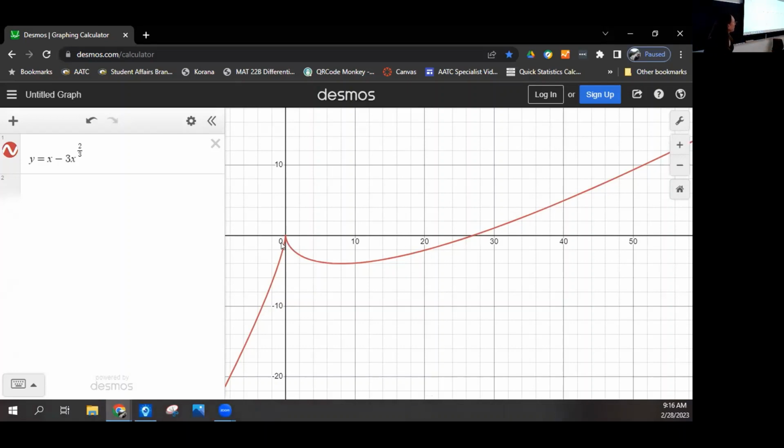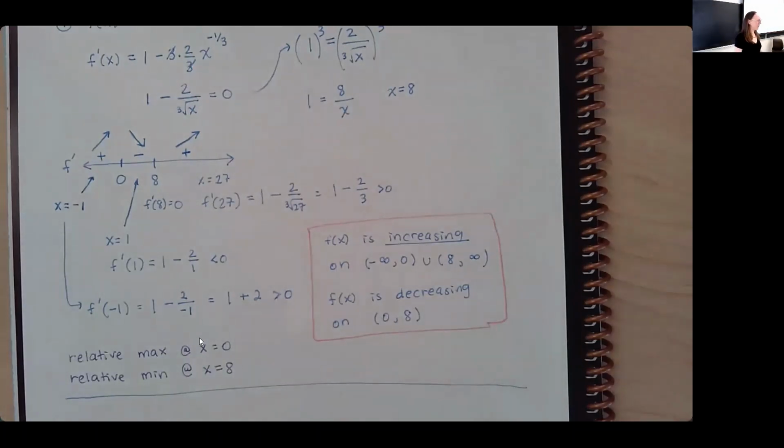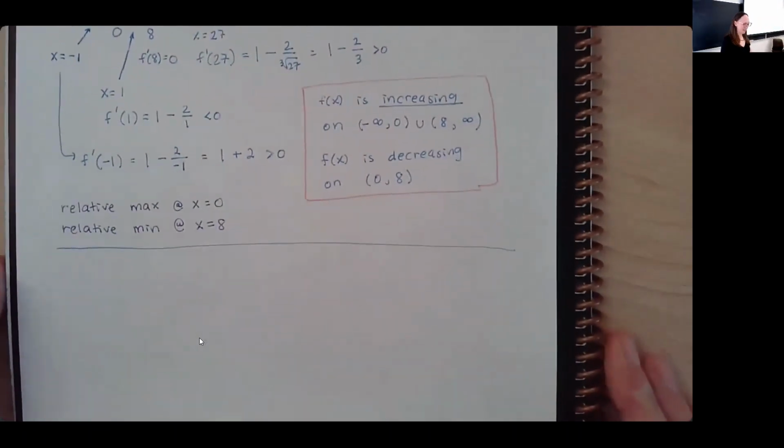So we can think about it graphically, but I want us to have tools to do it when Desmos is not around, like on your quizzes and exams. We've got to have some tools to do this mechanically.